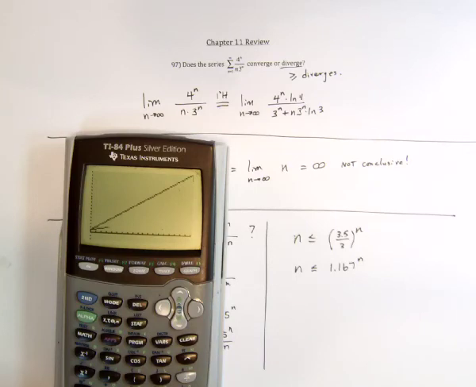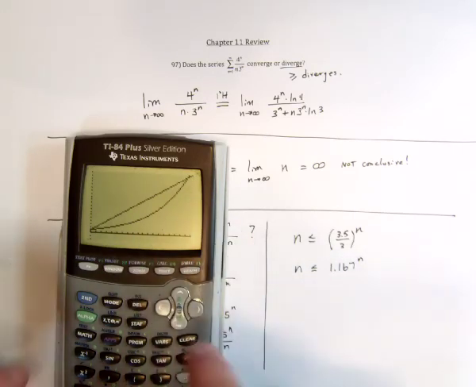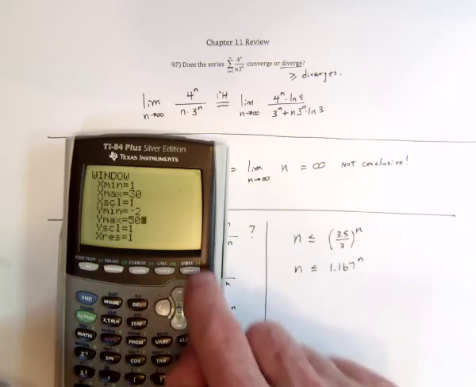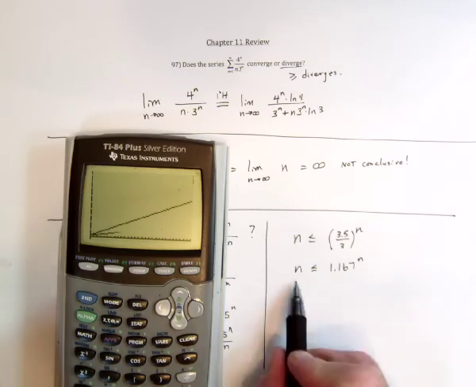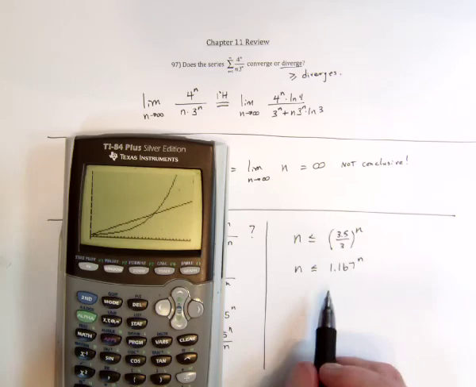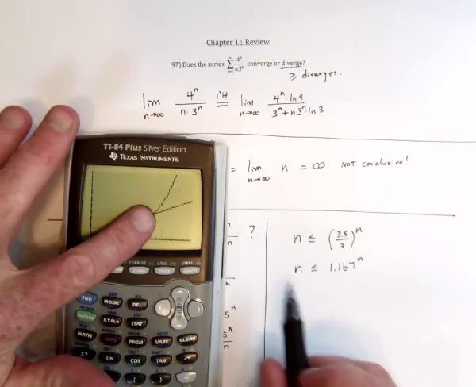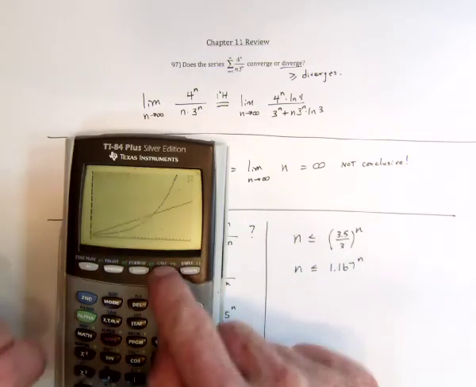Is that less than this exponential function? Well, it takes a little while to get going, but this exponential function eventually does surpass it. Now, whenever we're proving these inequalities, it doesn't matter what happens for the first 12 terms, 13 terms. What matters is in the long term. And in the long term, the exponential function is above the other one. Let's see where that happens, where they cross.